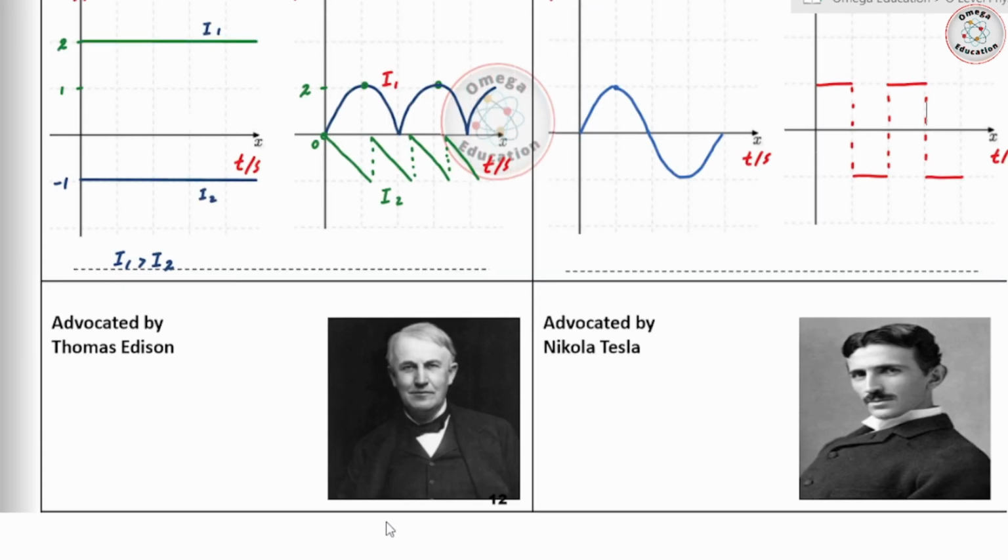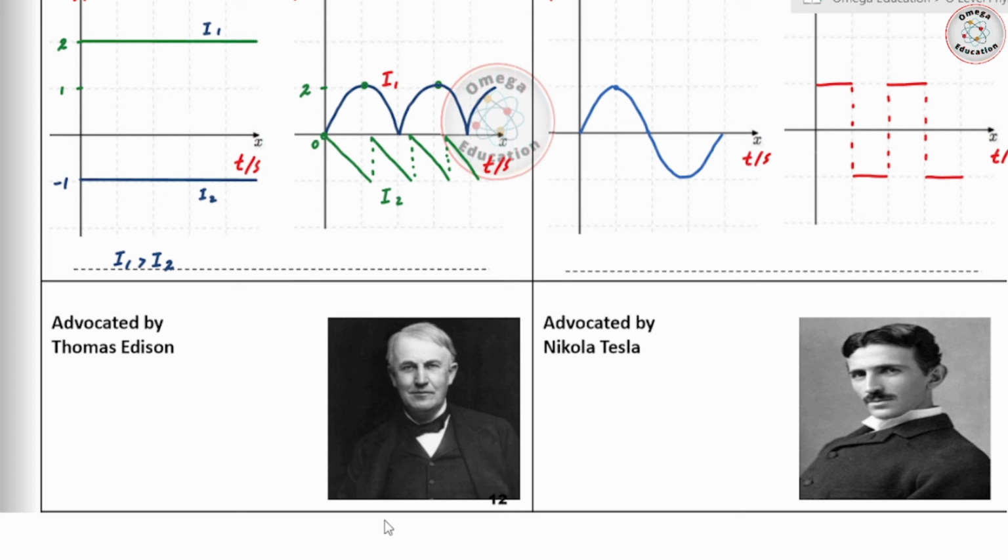Tesla had worked in the labs of Thomas Edison as well. He was employed by Thomas Edison. Tesla was promoter and advocate of alternating current because he proposed that using the alternating current, it is easy to transfer the electric energy without too much loss.